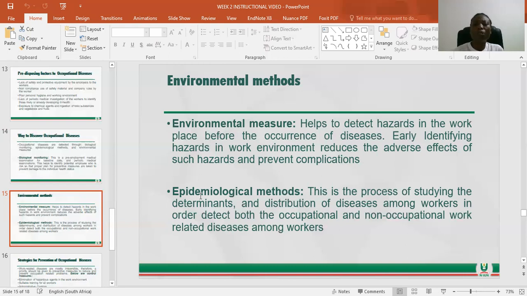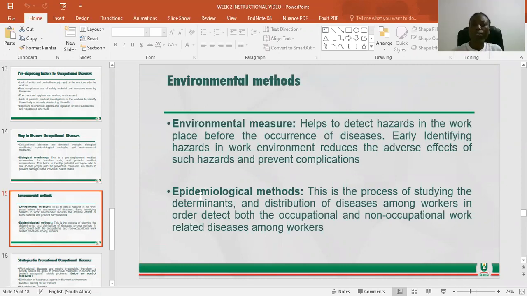When you say epidemiological method, it's just a way of studying the determinants and the distribution of diseases among workers. Maybe a worker comes down with chickenpox or tuberculosis.